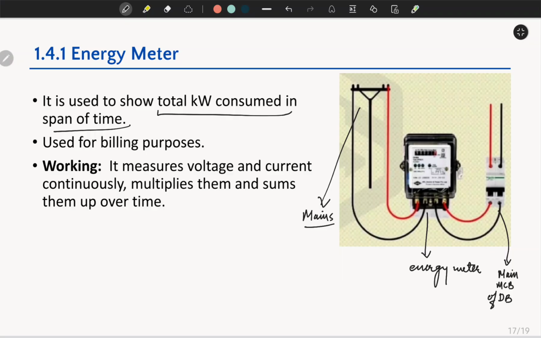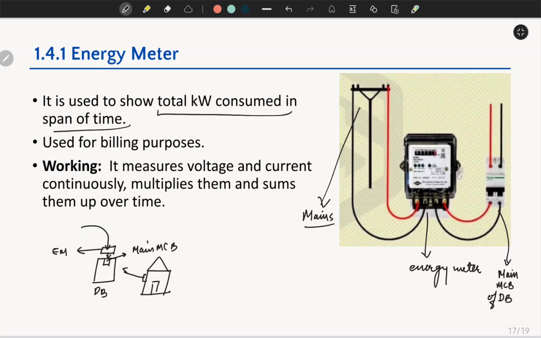Whatever our house, this is our house, in this house our DB is installed, and this is my main MCB. Now this power is coming via an energy meter to this main MCB. This is my energy meter.